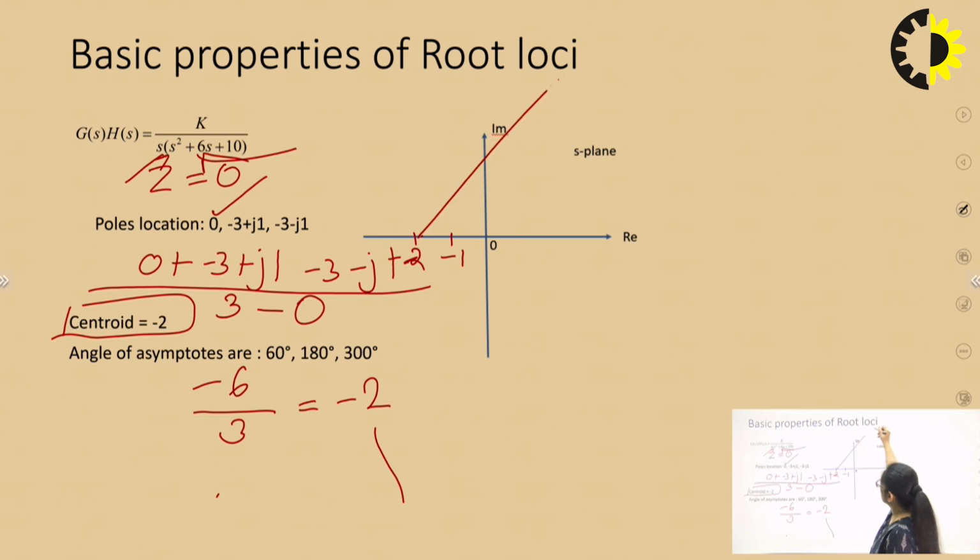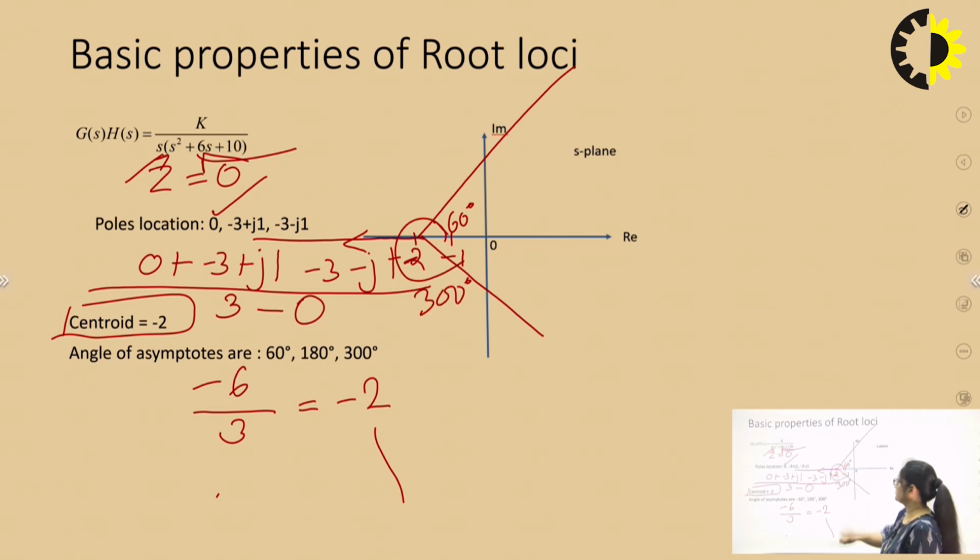One is this 60 degree, the other 180 degree, and the third one is 300 degrees. So these are the angles of asymptotes, and -2 is the centroid.